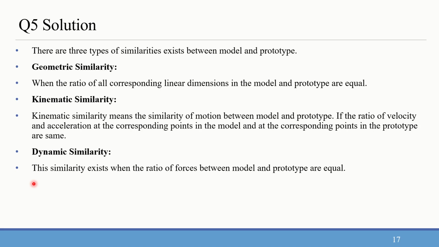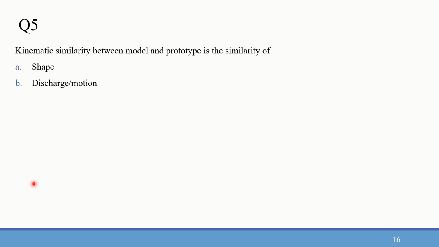So that is when we say dynamic similarity. This is just to give you an idea. In the previous question, the question was what is kinematic similarity? So it is the similarity between the dynamic, not dynamic, it is discharge or motion. So that is the answer.